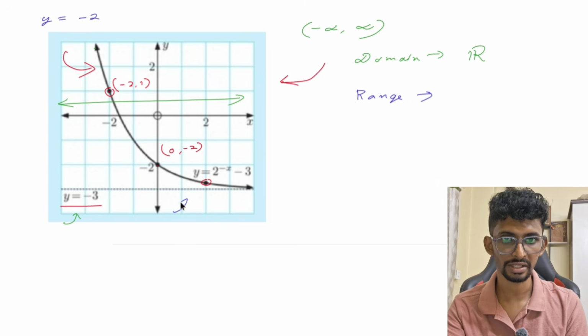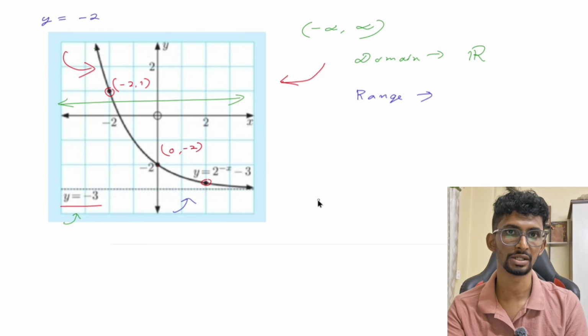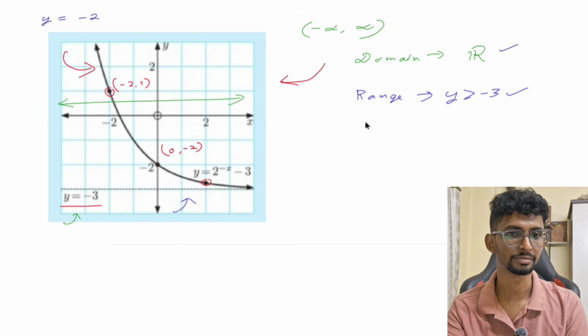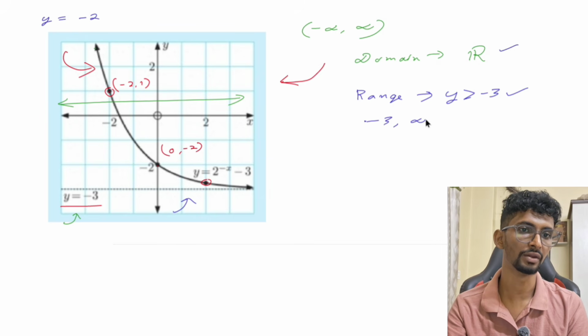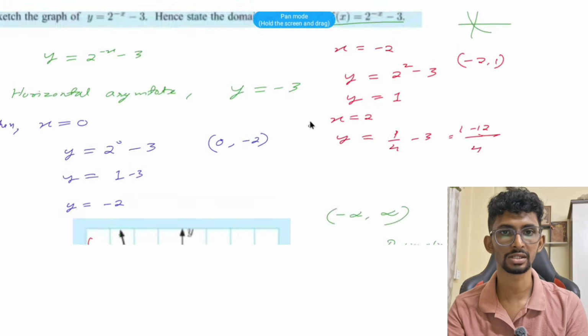Here a horizontal asymptote is there. That means the value of y cannot be minus 3, it will be greater than minus 3. So the range will be y greater than minus 3. So the domain is all real numbers, and the range is y greater than minus 3, or you can write (minus 3, infinity). Clear?